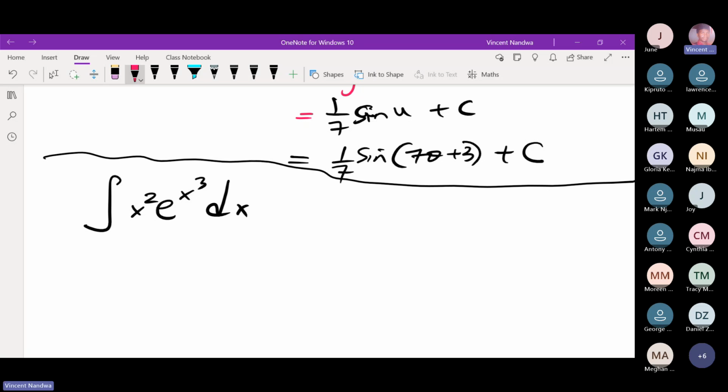When you say let this part be u, you'll have to differentiate that u. And so ensure that the essence of fixing one part to be u is to make the integral much simpler to evaluate than its natural form.